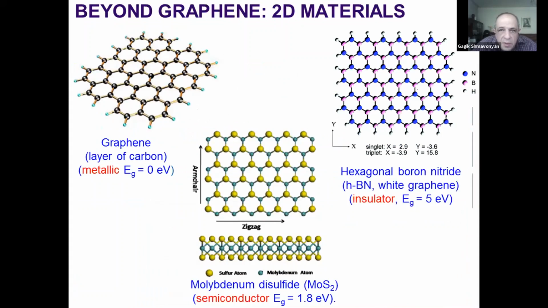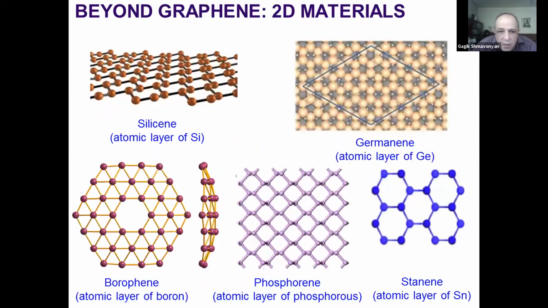Beyond graphene, there are many two-dimensional materials which have been discovered: hexagonal boron nitride, molybdenum disulfide, silicon, germanium, borophene, phosphorene, stanene.